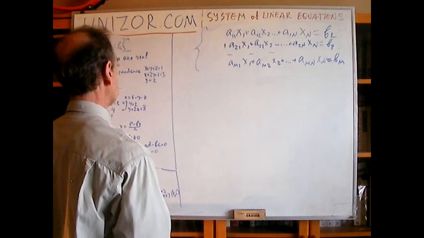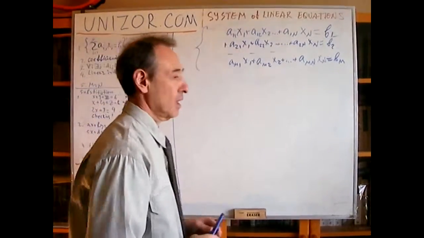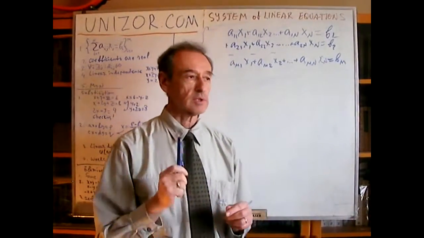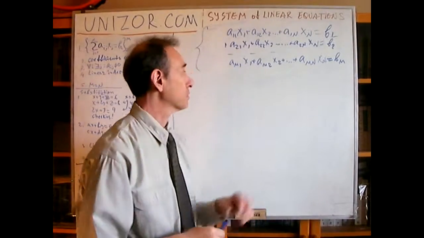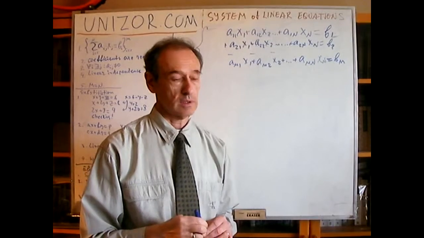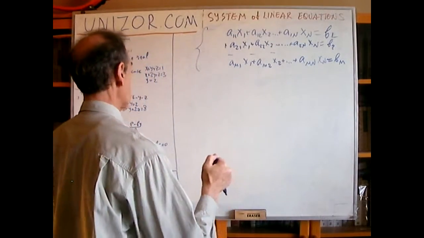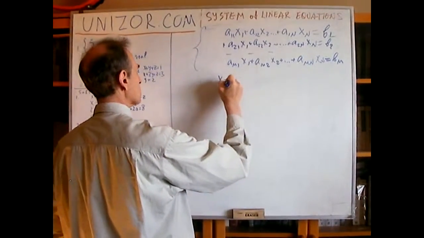Okay, that's number one. Number two, and it's also very, very important, I would like to talk about linear independence between these equations. Here is what I mean. Consider the following system.